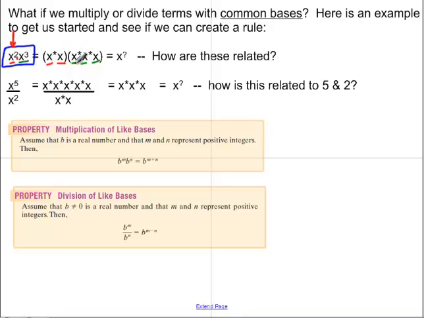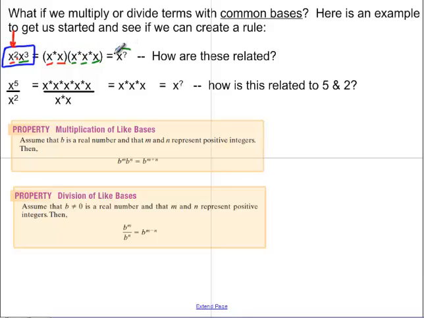And what we're going to try and do is simplify that. If we've got x squared times x cubed, what does that give us? It gives us x times x times x times x times x. If we want to go backwards and rewrite this in terms of an exponent, we have a base of x, and we've got 5 x's, so we're multiplying that base of x times itself 5 times.